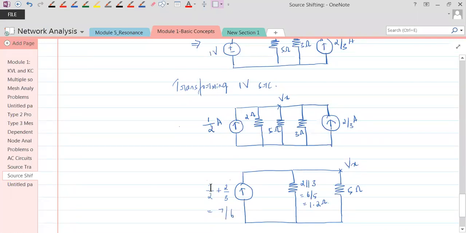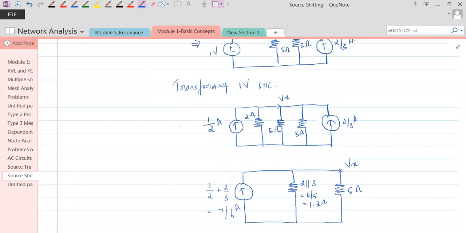This is 1 by 2, mind you. So it would be 7 by 6 amps. What is it that we are asked to find out? We are asked to find out this Vx. Okay. So how can I find out Vx across 5 ohms is the question.